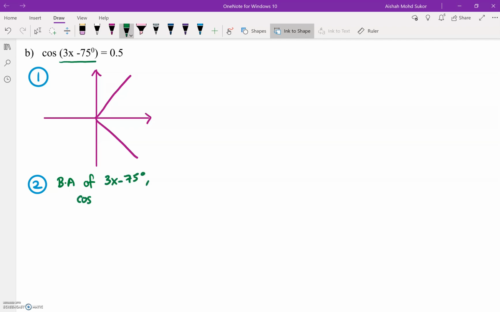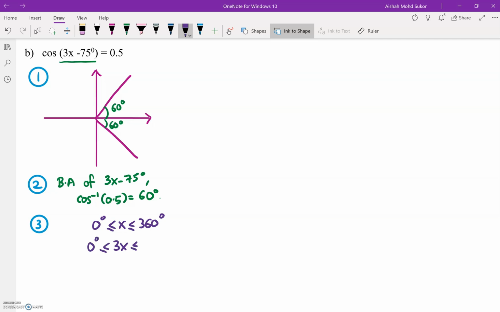The basic angle is arc cos 0.5, which is equivalent to 60 degrees. Next step, given x is from 0 to 360 degrees, so 3x will be from 0 to 1080. Next, we will subtract 75 from all the terms.